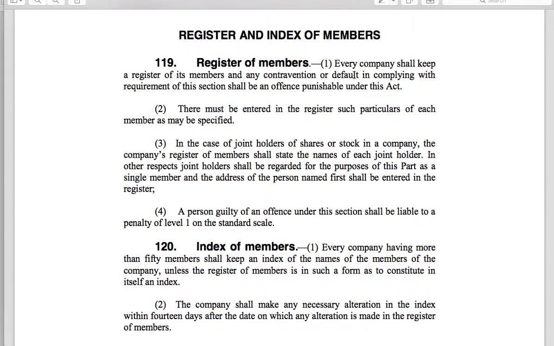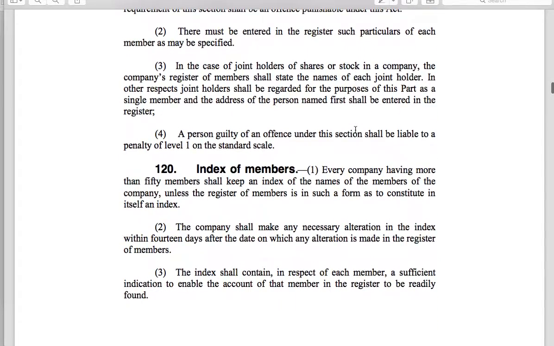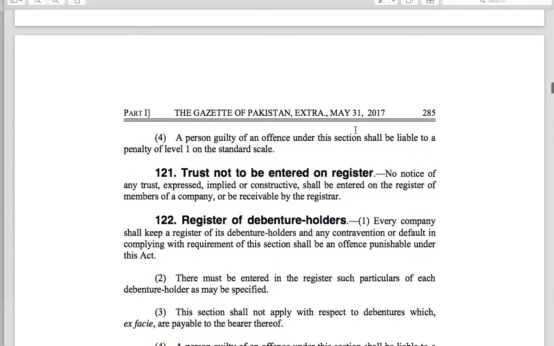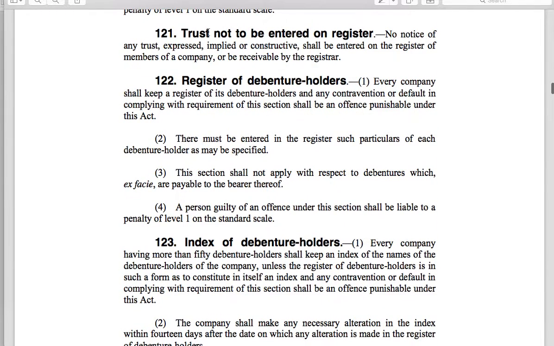And in case of a listed company, public company, this becomes very important because of dividend distribution and everything. And even with a single member company and private limited, register of members is a must. Index of members. Then trust not to be entered on register. A trust company or a trust cannot be entered as a member.